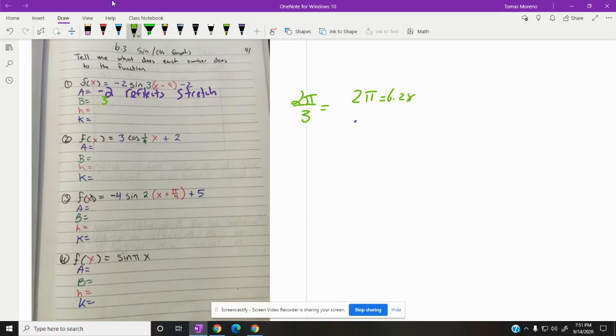So now we're going to have 2/3 of a pi, 2 pi divided by 3. So we're taking this 6.28 and dividing by 3. So we're getting roughly 2.9. So we're shrinking it. That means we compress the period.